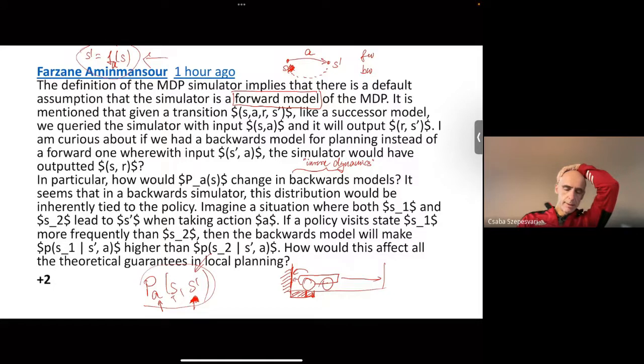Maybe it was that the elementary operation that you can do is to get this vector. For a given S prime and an action A, you get a vector over states, which represents all these source probabilities. And then I think that they made the assumption that there are only finitely many, a small number of possible states where this probability is positive, or something like that. And they can do something with that.